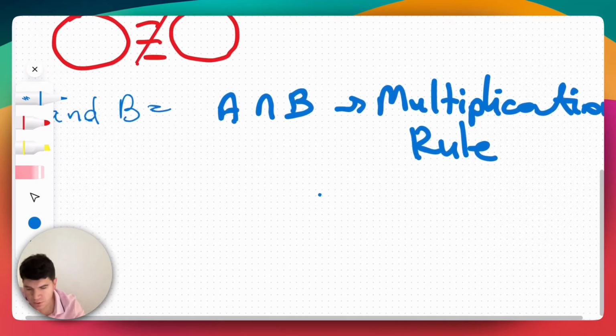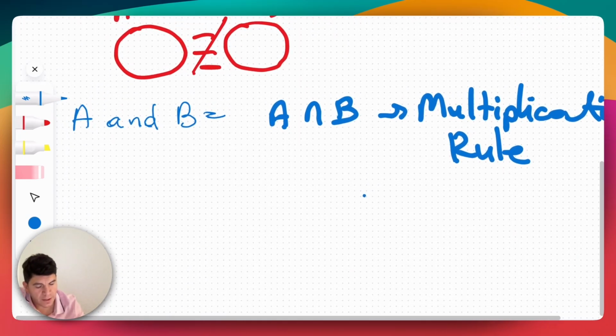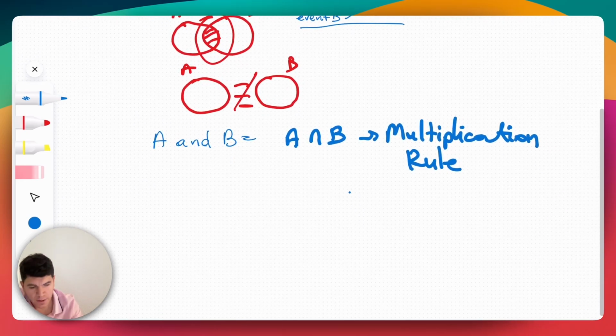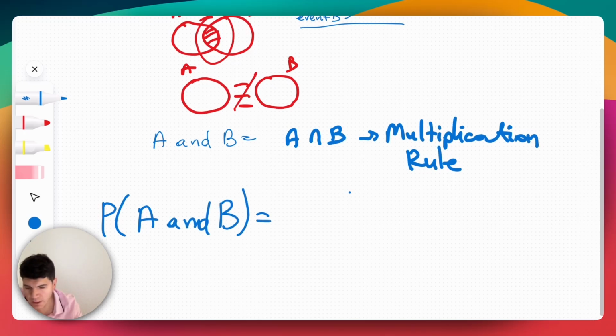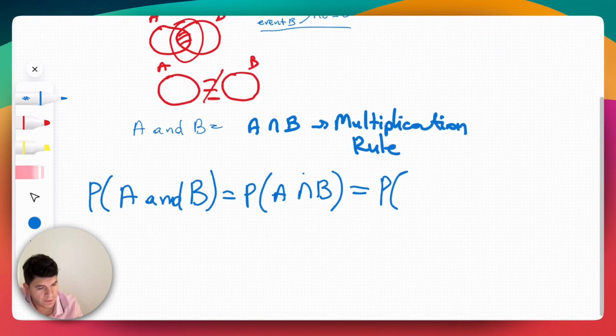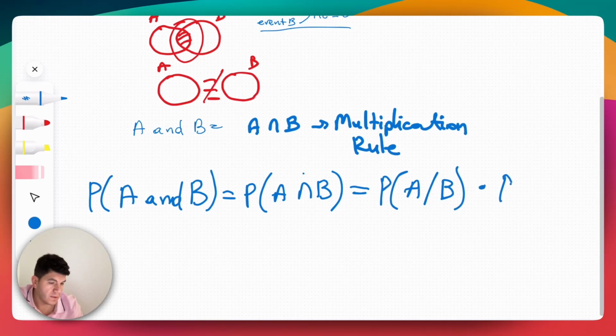Since we use the multiplication rule, meaning that instead of addition when we use the OR statement, whenever you see AND, you have to multiply. So when we have P(A and B), A intersect with B, it's going to be the probability of event A happening, considering that event B has already happened, multiplied with the probability of event B.